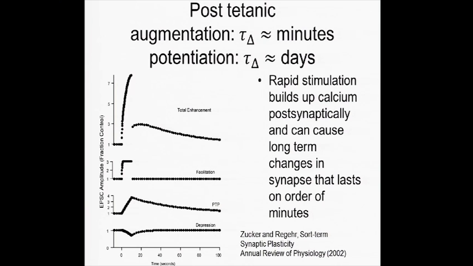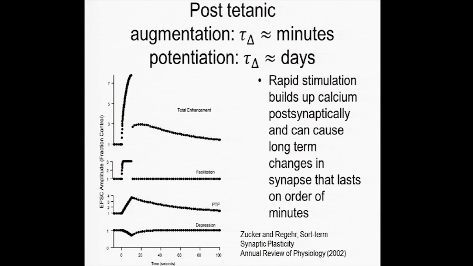And those are caused by changes in either the channels, where you phosphorylate the channels and it changes their opening and closing, or you actually add in more receptors, and that slowly builds up over time and then slowly degrades over time. And then there's also what's called depression, which happens more often when you're looking at very rare events, and will slowly weaken connections.